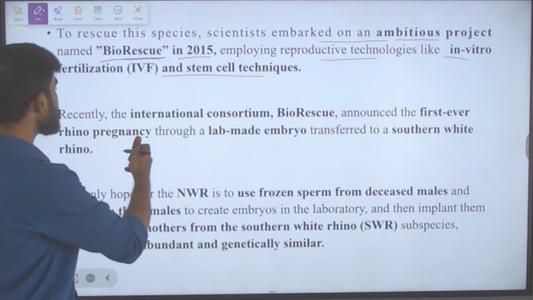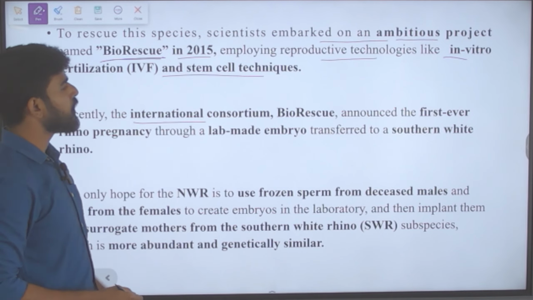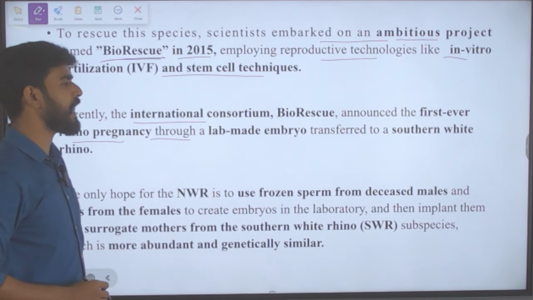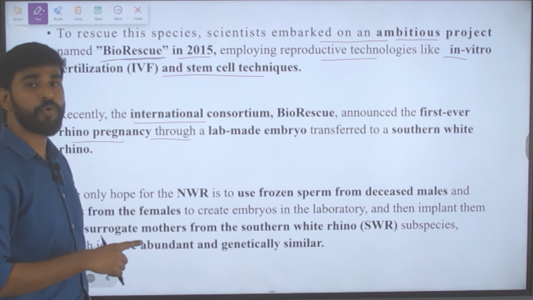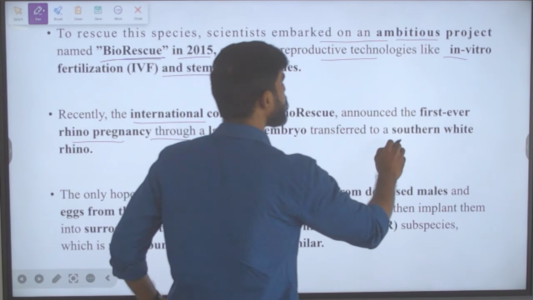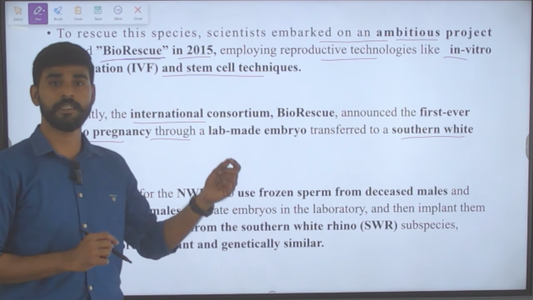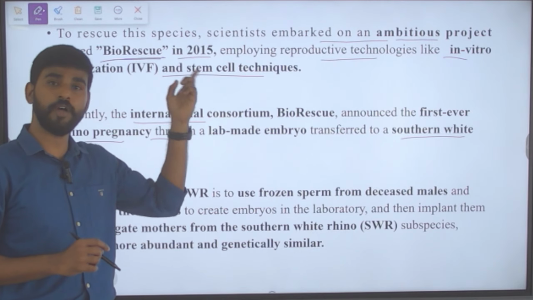Recently the international consortium, that is BioRescue, has announced the first ever rhino pregnancy through a lab-made embryo transferred to a southern white rhino. So southern white rhino is going to be the surrogate mother here. That is what is important. This southern white rhino is going to carry the baby of the northern white rhino.